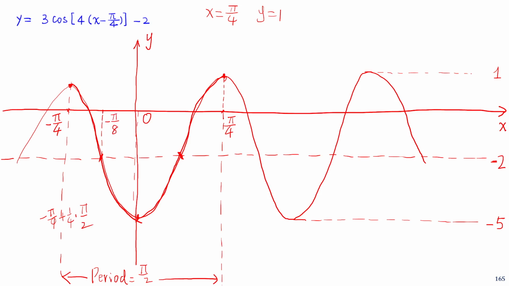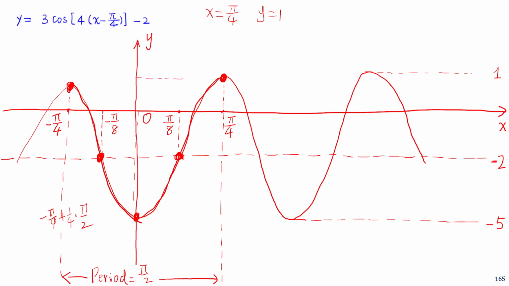And of course this point here is 0 plus a quarter period, which equals positive an eighth pi, right? And usually you will label these five points along one of the periods. And this is a sketch of this function. You get it?